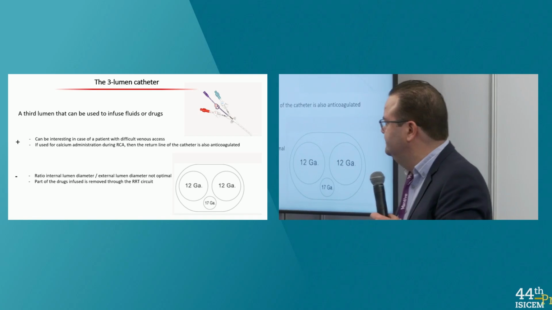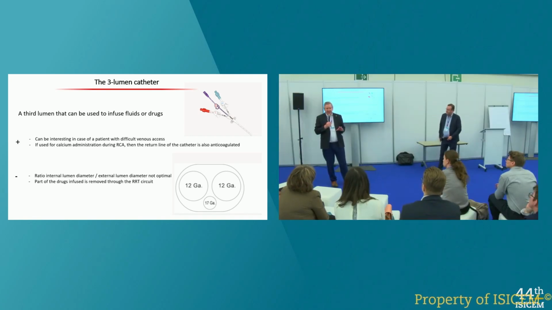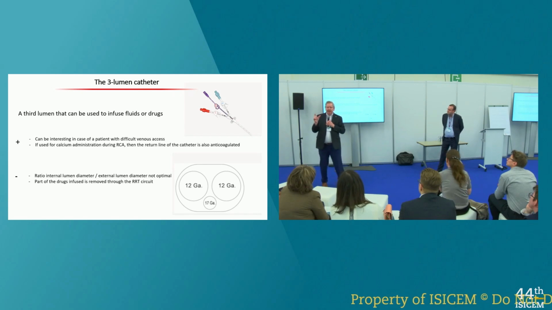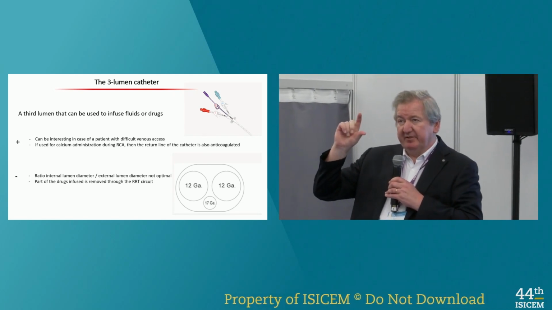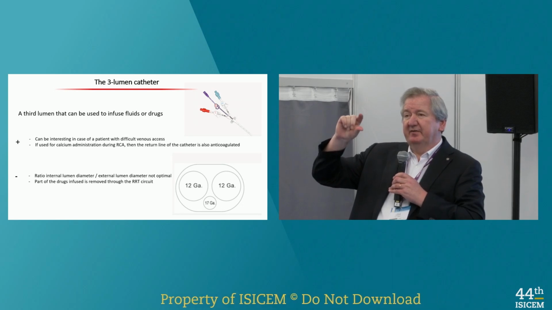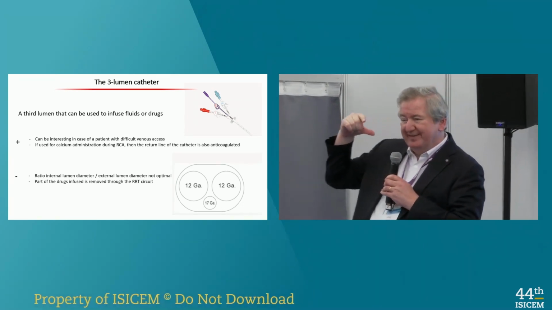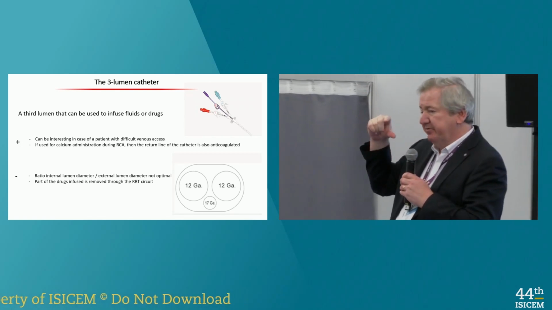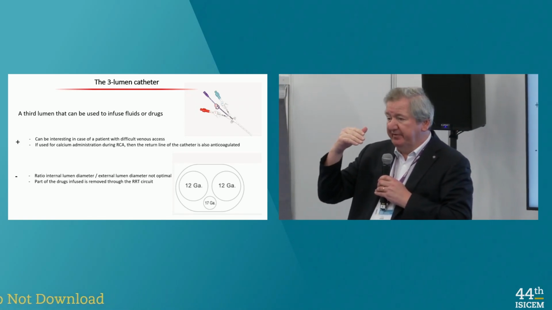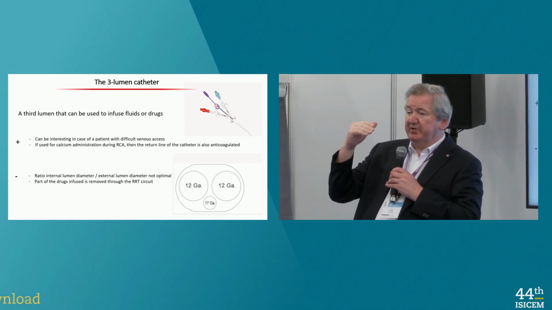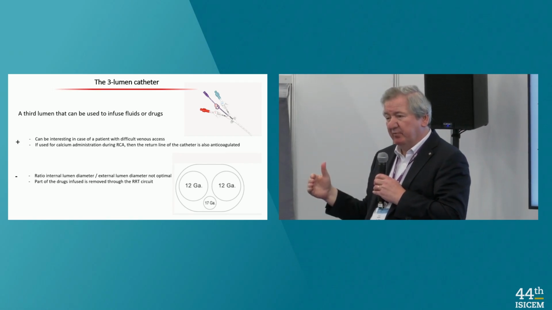In fact, you have a huge study done by the Australians, a randomized control trial comparing the tip of the right jugular catheter inside the superior vena cava versus 2 or 3 centimeters inside the right atrium. The effluent dose of the patient was much better because blood flow was much better as well.